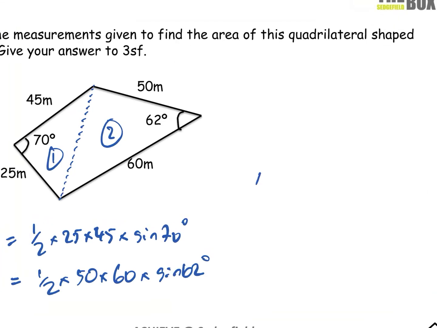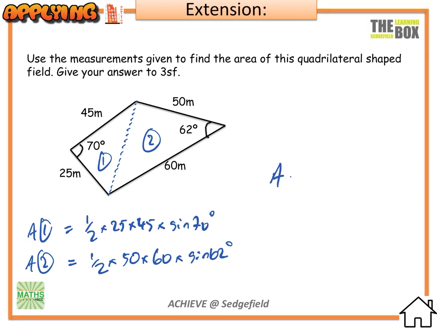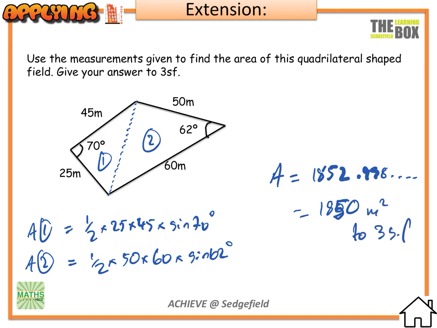Add that together, and my area appears to be 1,852.998. So that is equal to 1,850 metres squared to 3 significant figures.